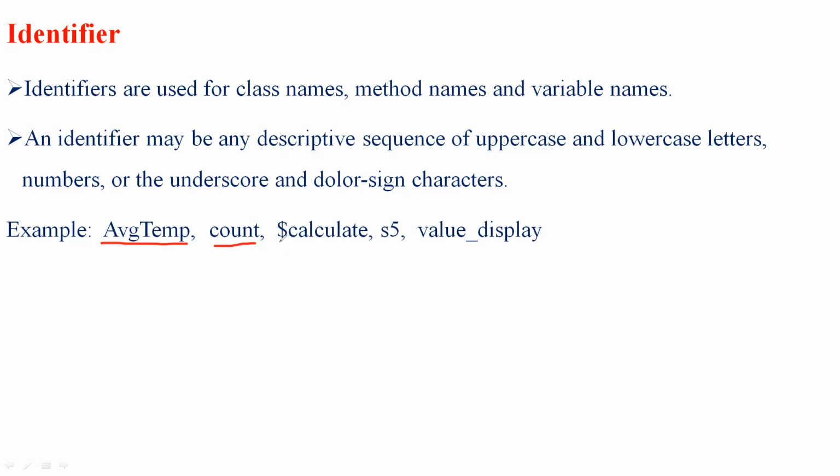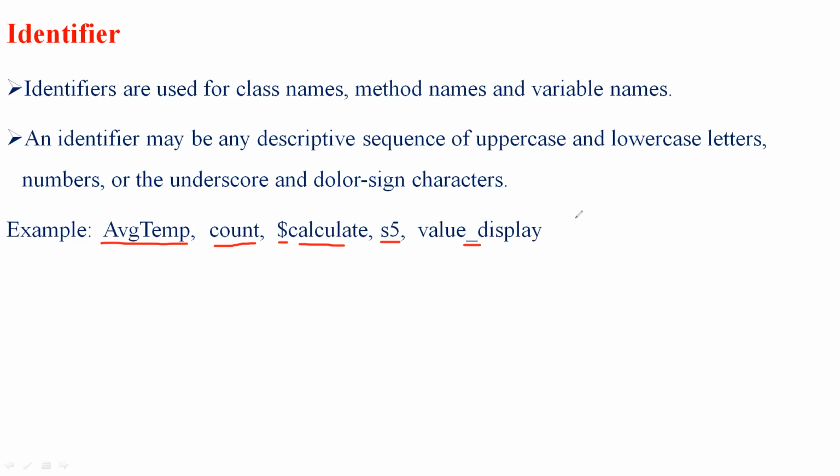Here we have an identifier which starts with a dollar sign followed by a lowercase character. This is also a valid identifier. Next we have a lowercase character followed by a number. This is also a valid identifier. Next we have a value with an underscore, like underscore display. As I said, underscore is also one of the formats for specifying an identifier.